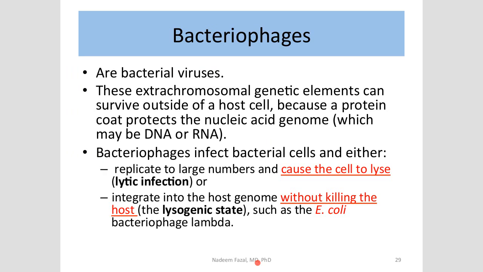So we found one way a plasmid is transferred from one bacteria to another, not by binary fission but by bacteriophages, when they infect and divide within the cell and the cell lyses. I'll teach you in viral multiplication, a cell can release viruses or it can lyse. If it lyses the bacteria, we call that a lytic infection, as compared to where they release without killing the host, which we call lysogenic.